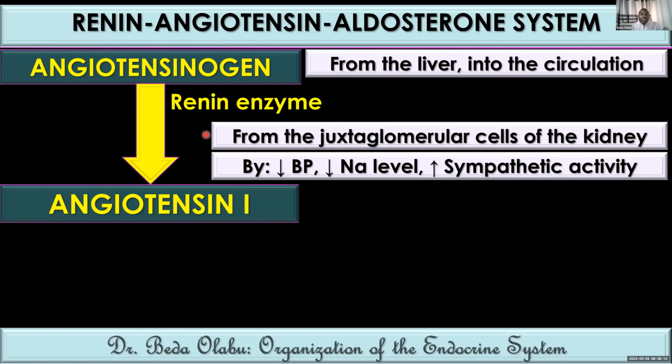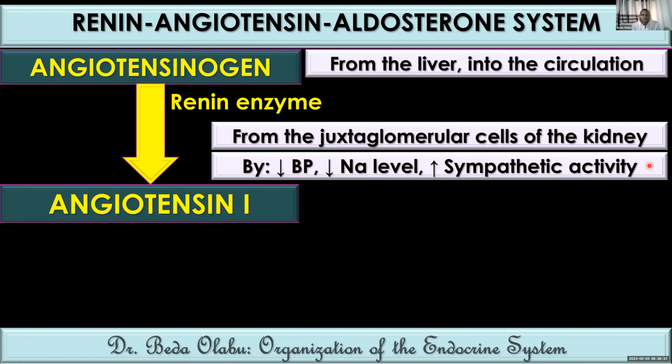The trigger for production of renin enzyme seems to be either a fall in the blood pressure, or if there is a low level of sodium being delivered in the distal convoluted tubule, or if there is increased sympathetic activity.